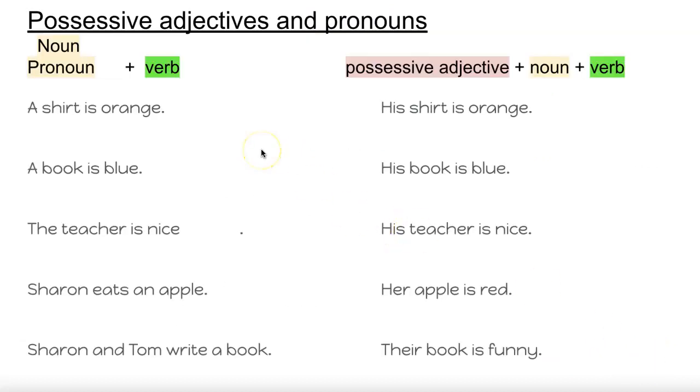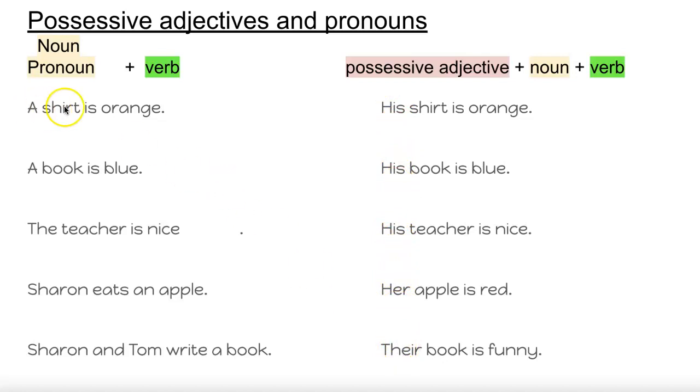So let's look at the structure of these sentences. Noun or a pronoun plus a verb. Possessive adjective plus a noun plus a verb. So the structure is the same, noun, verb. In these sentences, we have just added a possessive adjective.